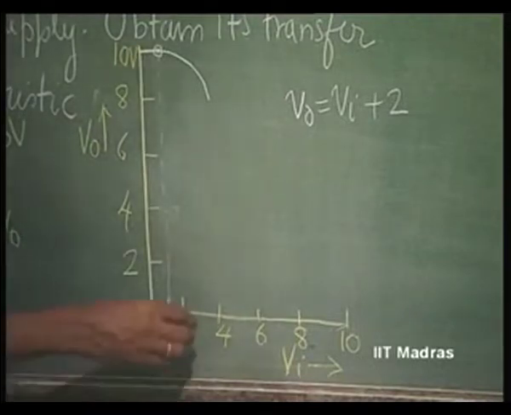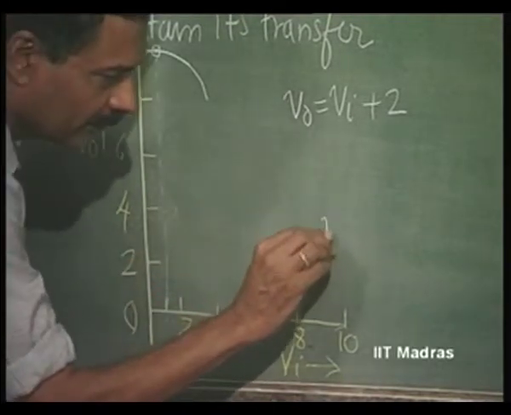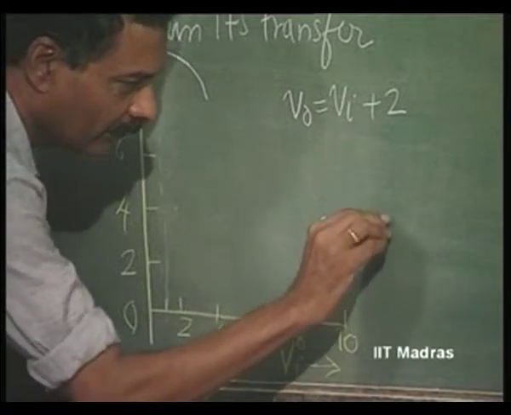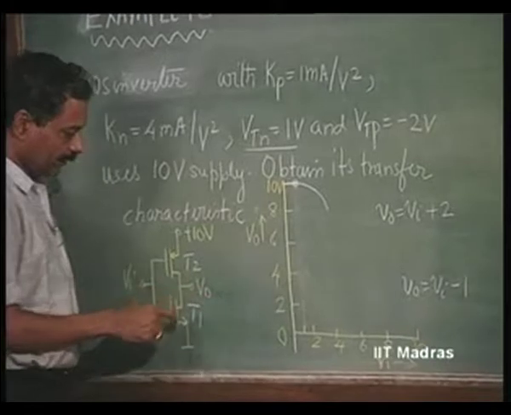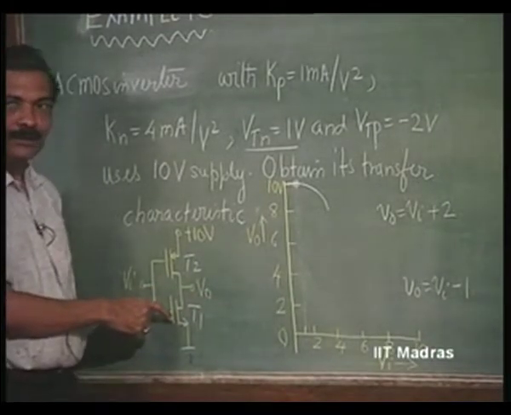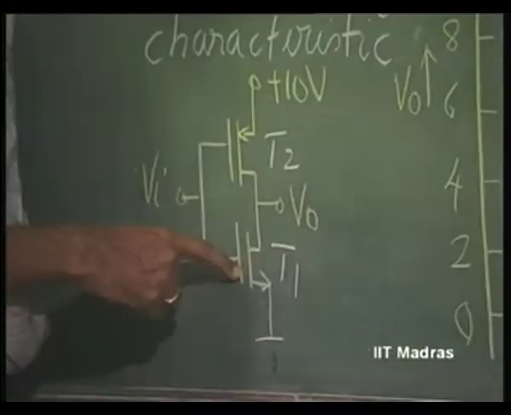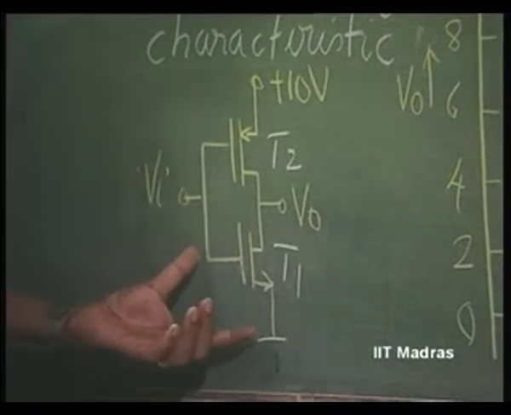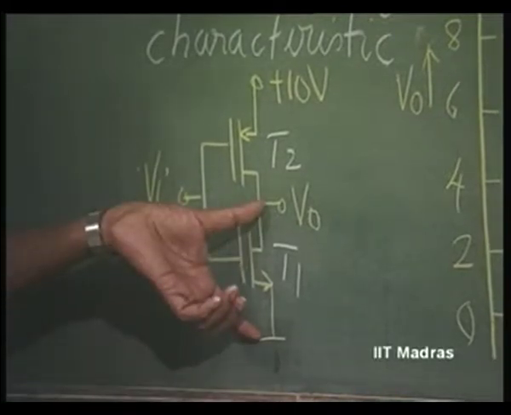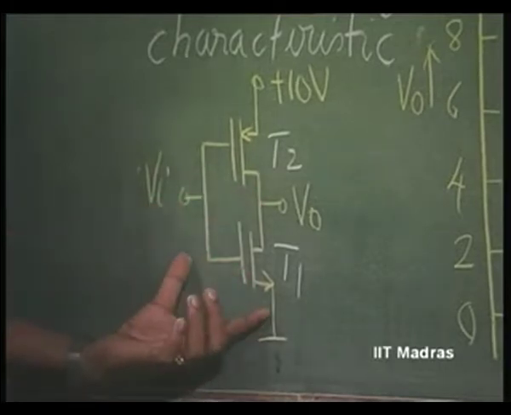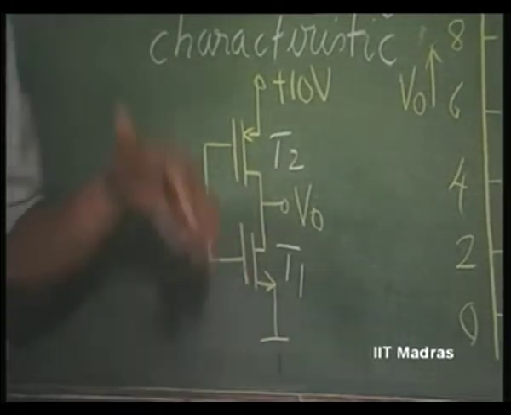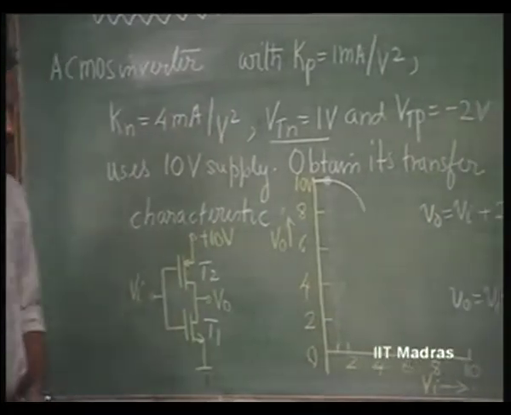So, the other line is V naught equal to Vi minus 1 corresponding to this transistor going to triode region. Again it is this Vds which is V naught itself, equal to Vi minus 1. That is the region where it is entering the triode region.